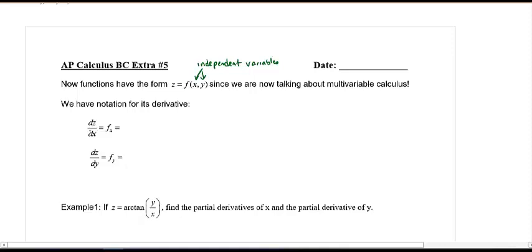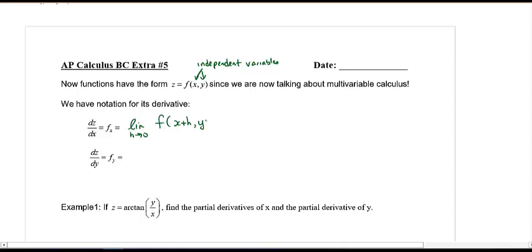So if I have dz dx, or the notation f sub x, that means with the definition of the derivative, you're looking at the limit as h approaches 0 of the function f of x plus h, comma y, minus f of x comma y, all over h. This sounds familiar, right? But this time we have two variables.